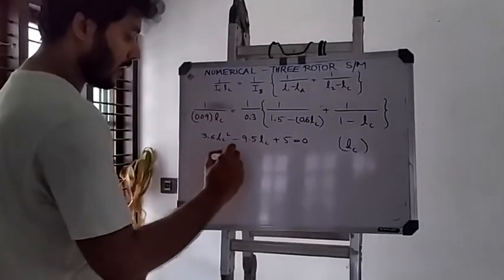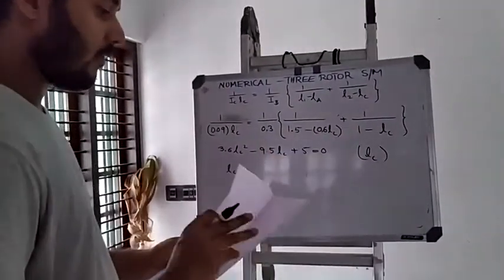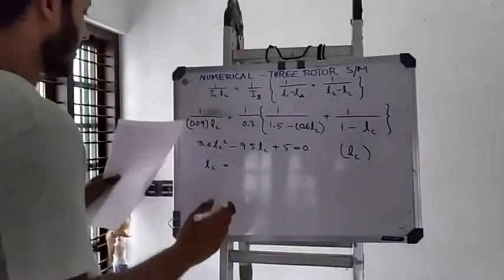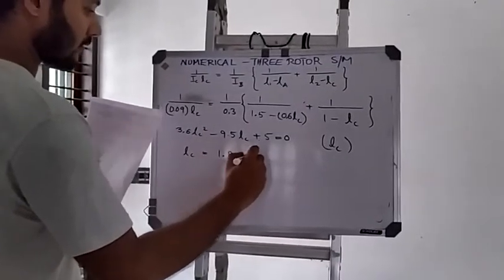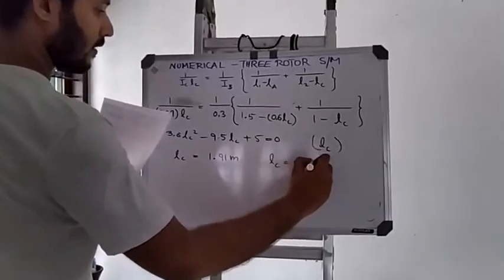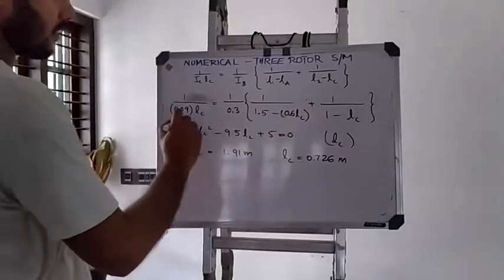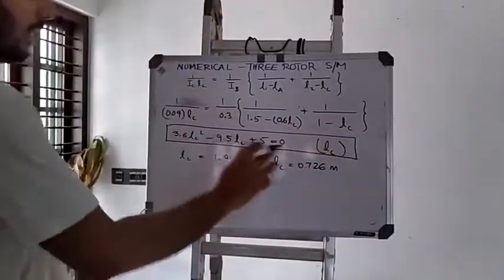And after solving, we will obtain LC equal to, as this is a quadratic equation, you will have two values for LC. So the two values for LC are, first one is 1.91 meters as well as LC is equal to 0.726 meters.